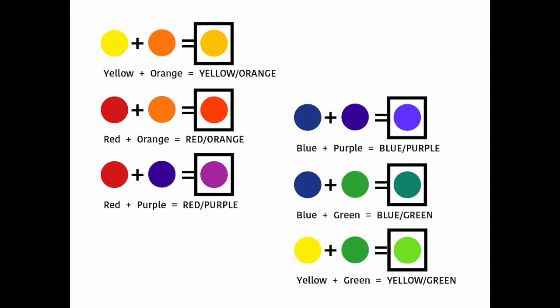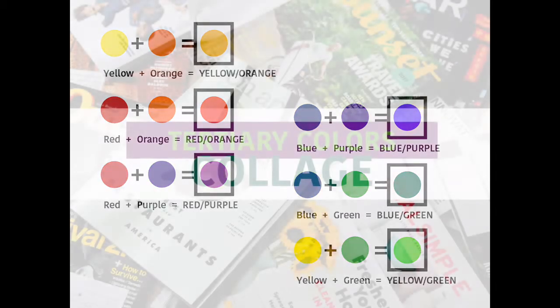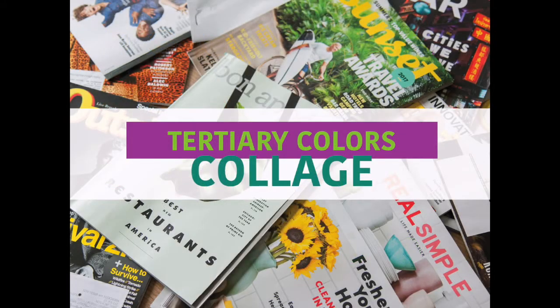There are a lot of colors here to choose from, so I decided that maybe a great way to explain or categorize those colors together is by creating a color collage. In the next activity, we're going to be using magazines and newspapers or images that you have to create a color collage.